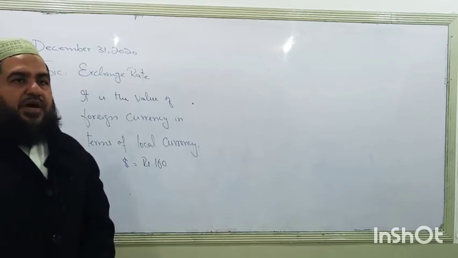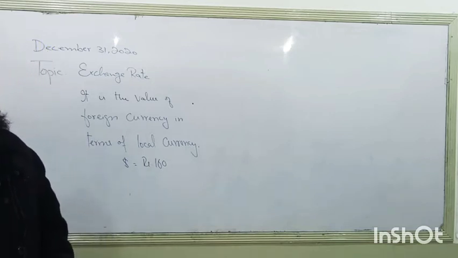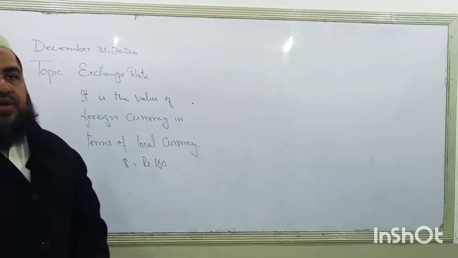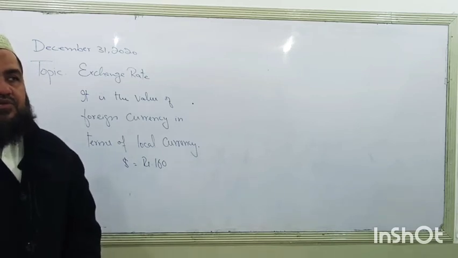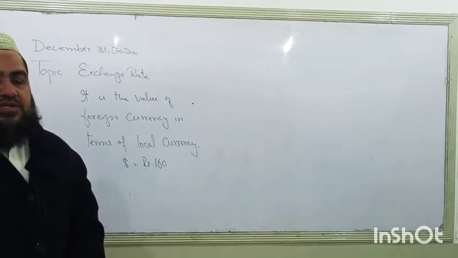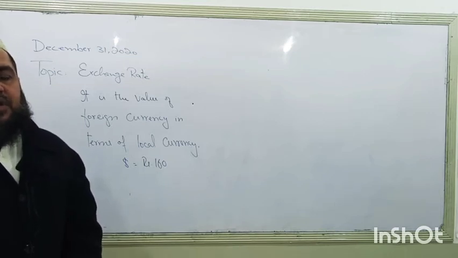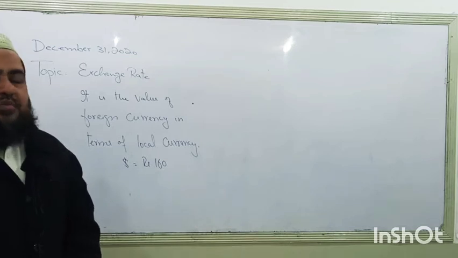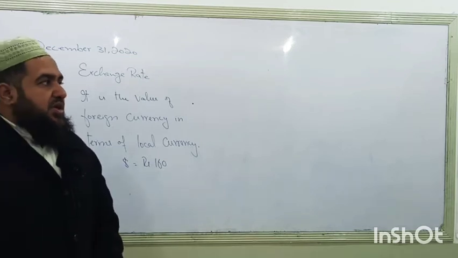Or if we want to buy goods from England, then we have to make payment in pound sterling. Or if we buy from any European country where they are using euro as their currency, then we need to make payment in euros, because they want to accept payment in their own currency.